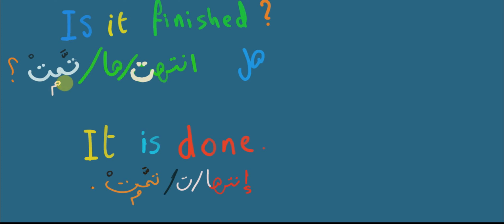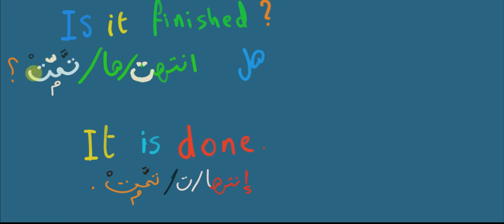Another word to indicate something is finished is تم. If you say تم, it means something is completed or is finished. And the same thing, if it's a feminine, you say هل تمت.